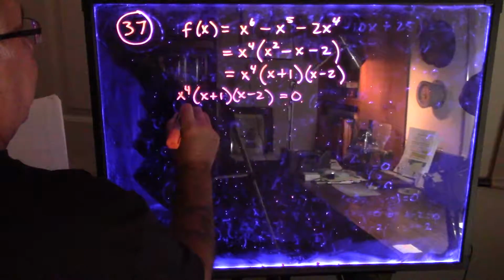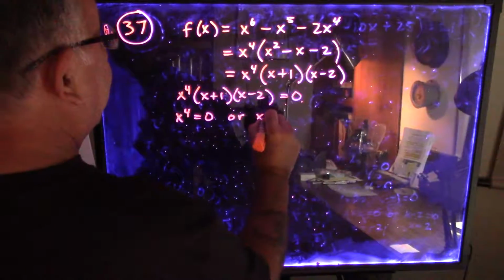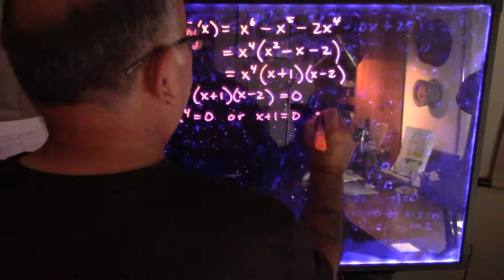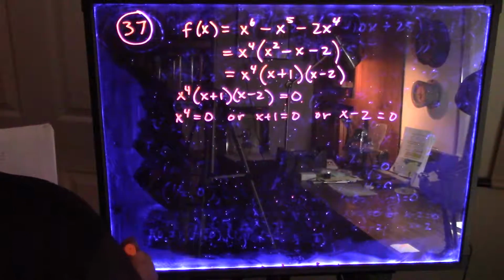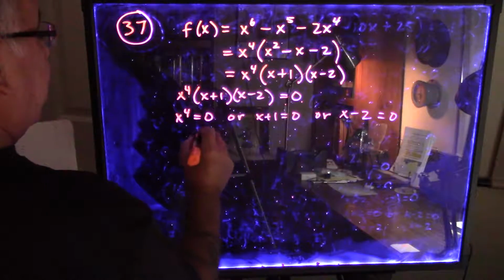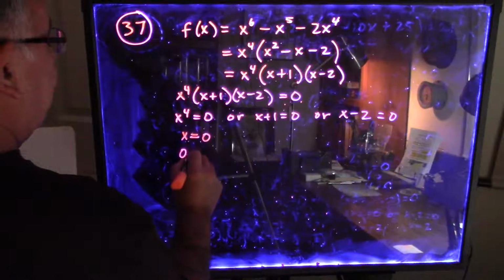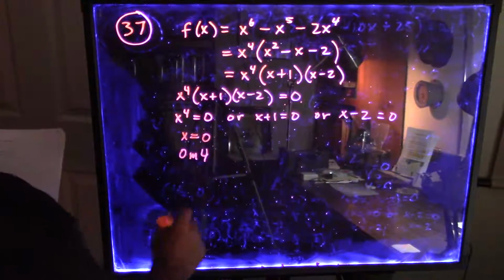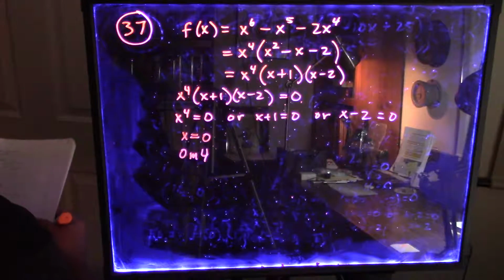So that means x to the 4th equals 0, or x plus 1 equals 0, or x minus 2 equals 0. Okay, so x equals 0. So we have 0 with multiplicity 4 as one answer. The 4 comes from that power 4 on the x there.